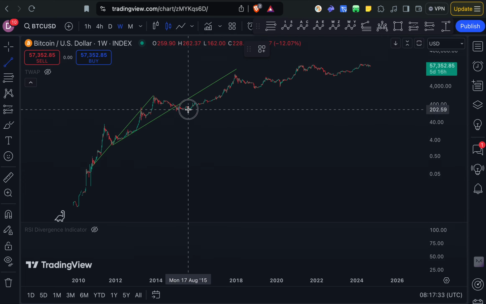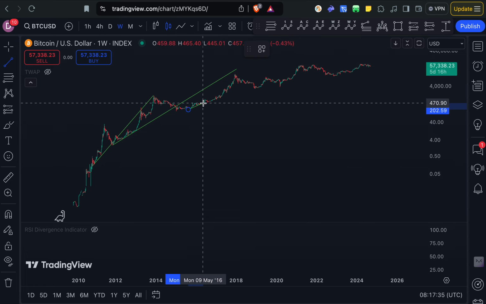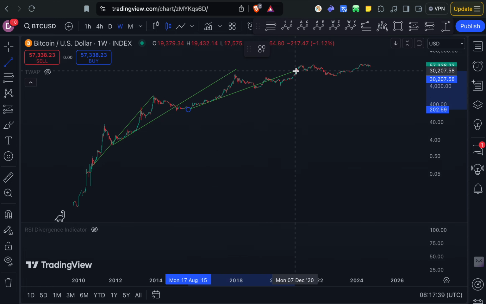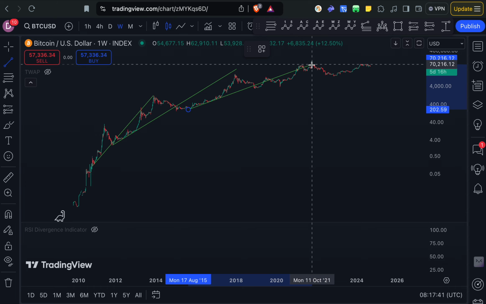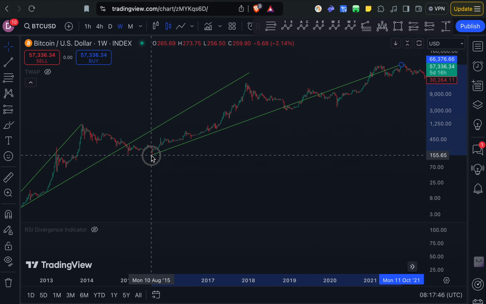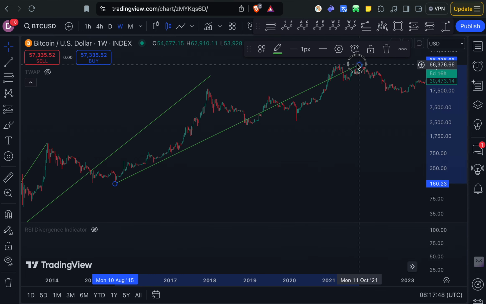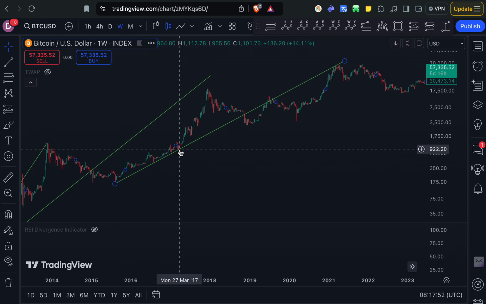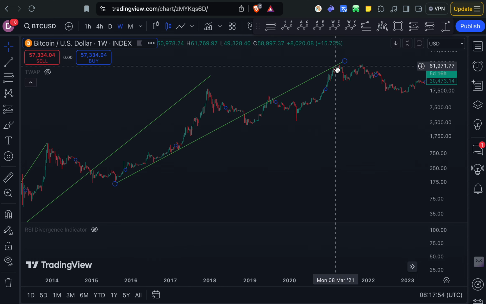From this low here, when you just continue to follow the bottoms, you can find something interesting. Sorry, I actually drew it wrong. It's even better now that we're looking at the bottom here. Follow it up, and you were able to predict the 2021 top here as well.